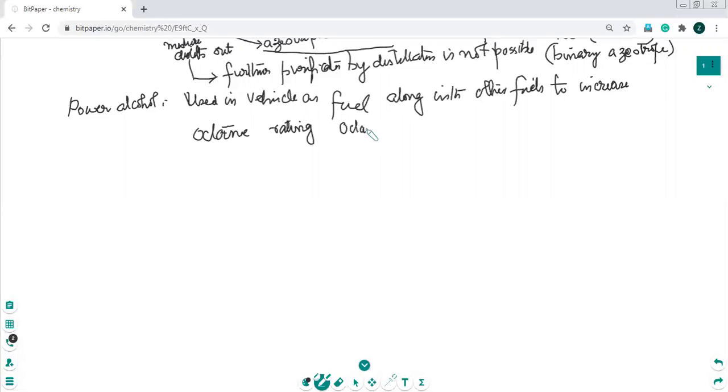Octane number indicates the efficiency of the engine.